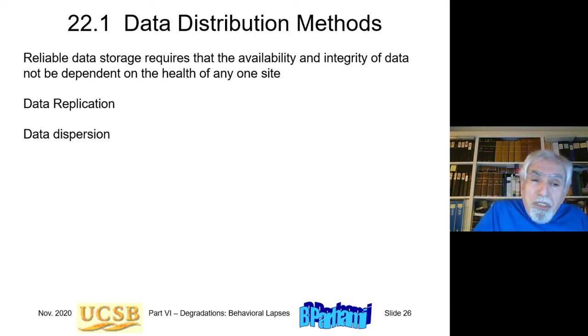Data dispersion avoids high redundancy by using various types of coding methods to disperse the data so that we don't completely replicate the data, but we cut the data into pieces so that a subset of those pieces is sufficient for recovering data. So it's usually a form of encoding that is used.